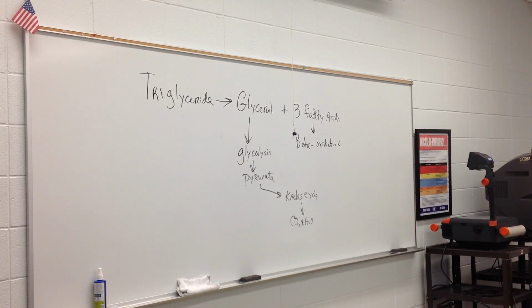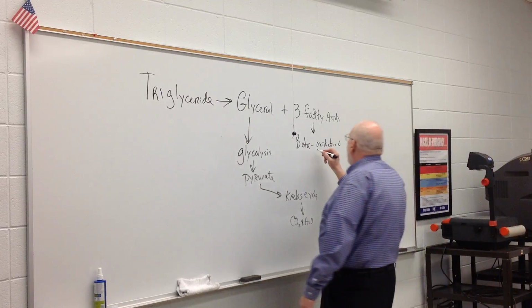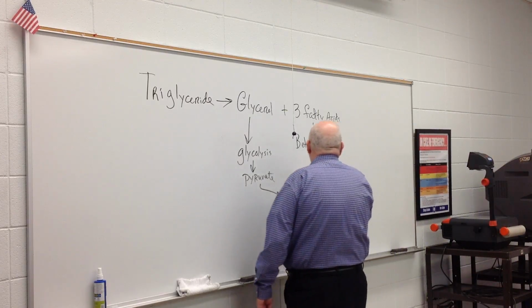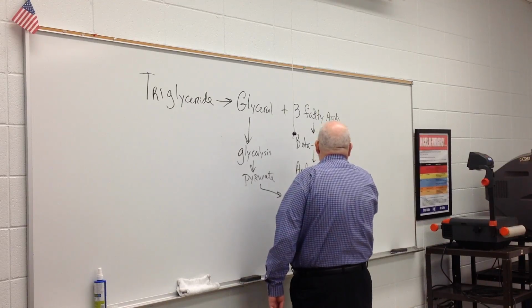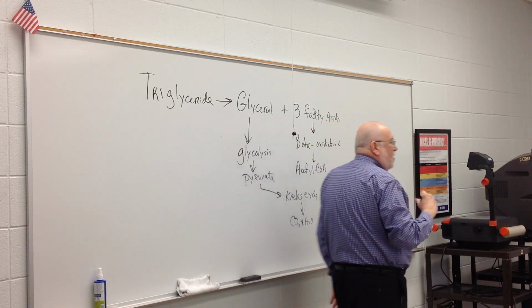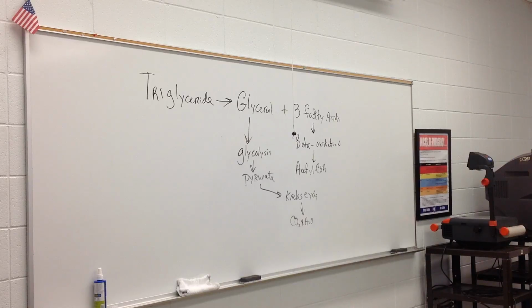So let's say you had a 16-carbon fatty acid. You can break off 8 2-carbon fragments, right? Okay. Now what are we going to do with those 2 carbon fragments? Well, they are going to get converted into acetyl-CoA.